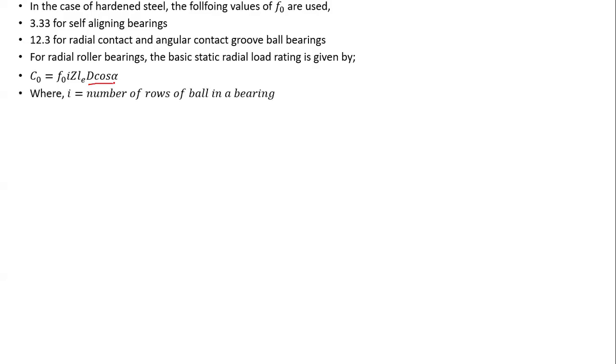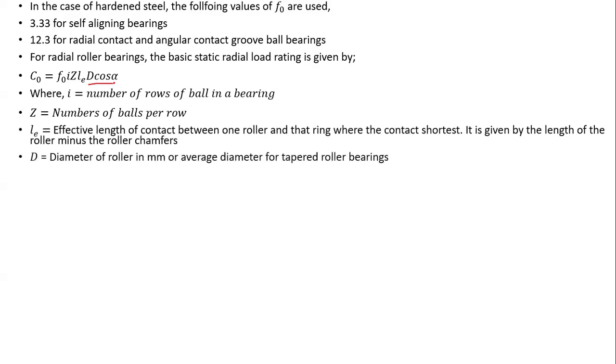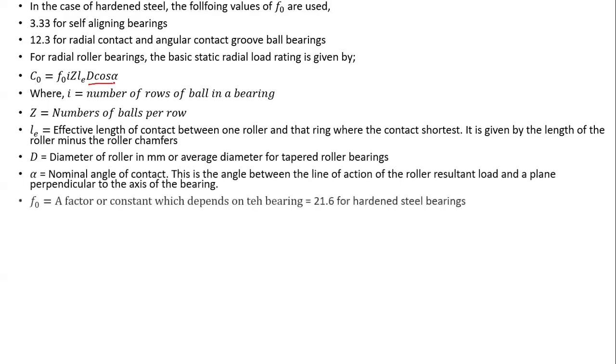Of course, in this case, like we had said earlier, i is the number of rows of balls in a bearing, Z is the number of balls per row, Le is the effective length of contact between the roller and the ring, D is the diameter of the roller in millimeters, α is the nominal angle of contact, and F0 is just a constant, meaning that if you are dealing with hardened steel, this will be 21.6.